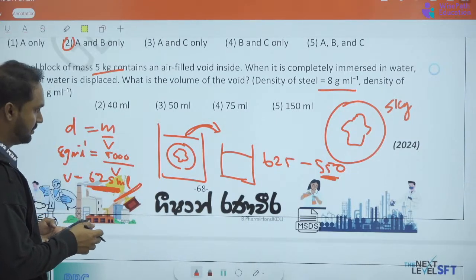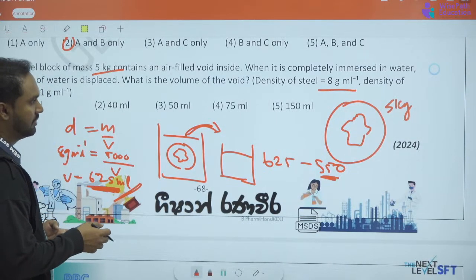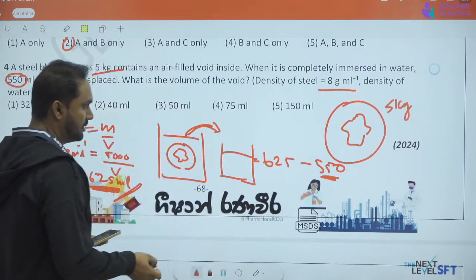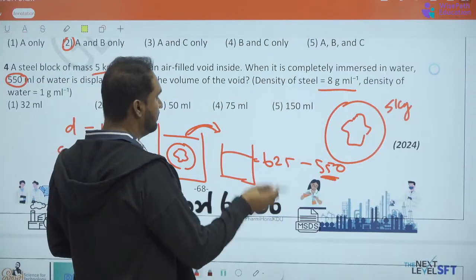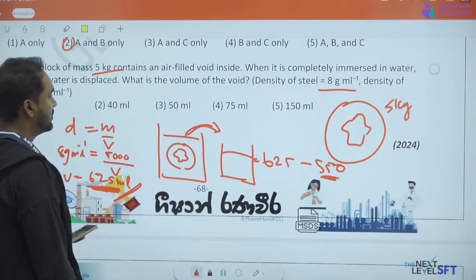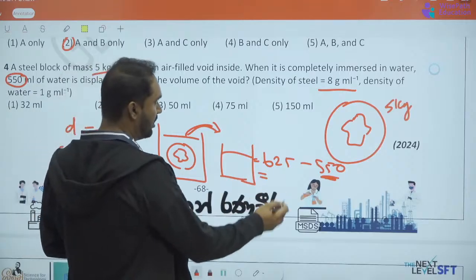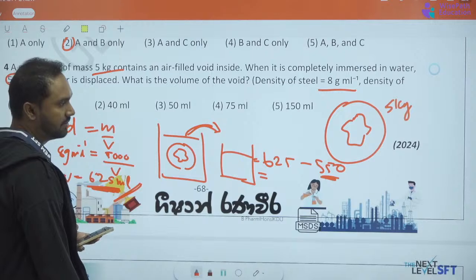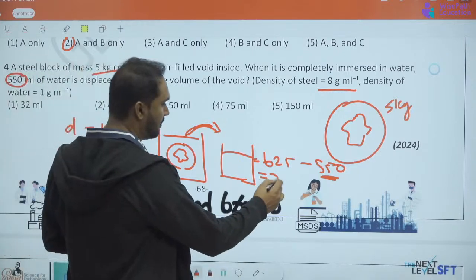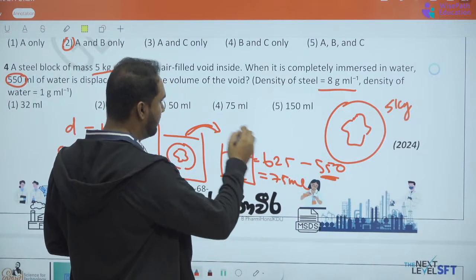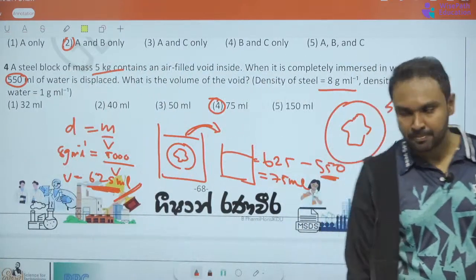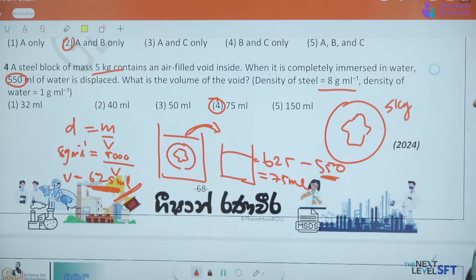Yeah, that's okay. The difference of these two, the displaced volume and the actual volume it's supposed to be, the extra should be the volume of the void. So it's 75 milliliters. Answer should be 4.